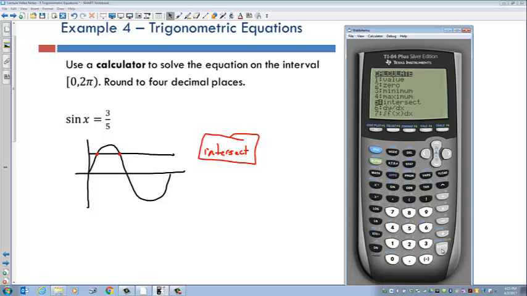And what's nice about this is it's not too difficult to do. It says first curve, hit enter, second curve, enter. It's just if there's more than 2 curves, you have to pick the curves. And then hit enter for a guess. You can give it a guess. So maybe I want to find this first intersection point to begin with. And so hit enter, and it's going to spit it out. So on this one, you get 0.6435.